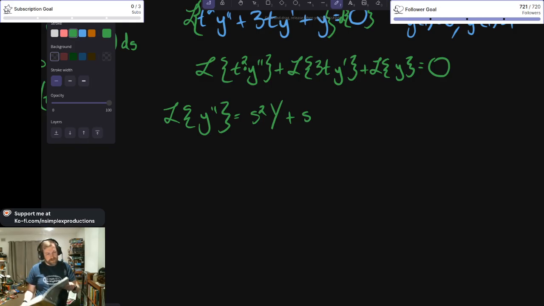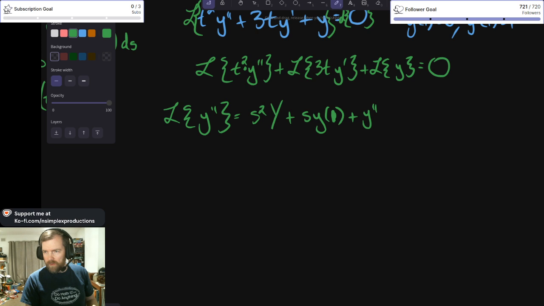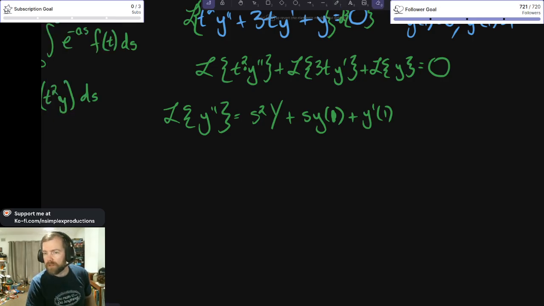Right to the Laplacian. Nice. Yeah, okay. So this is y at 1, I guess, plus y prime at 1. Minus. Let's minus all those.